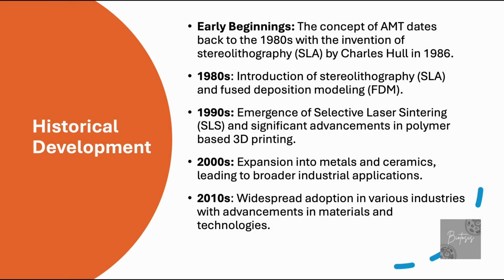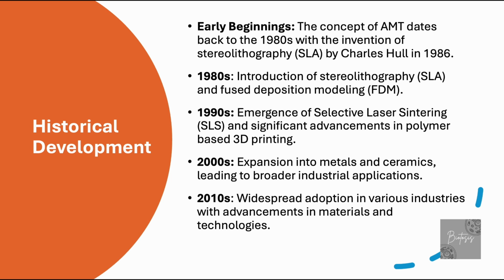Historical development. So this is something for us to read, which is early beginnings. The concept of additive manufacturing technology dates back to the 1980s with the invention of stereolithography by Charles Hull in 1986.